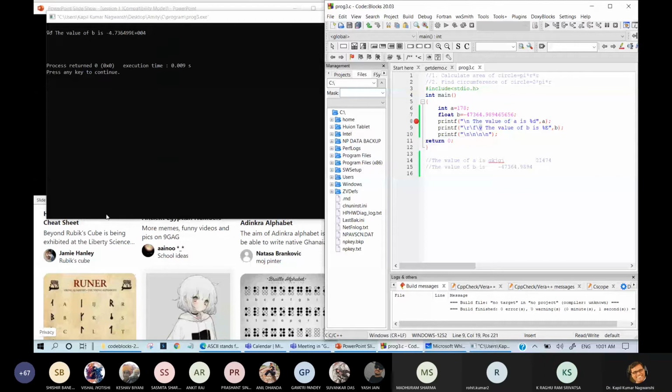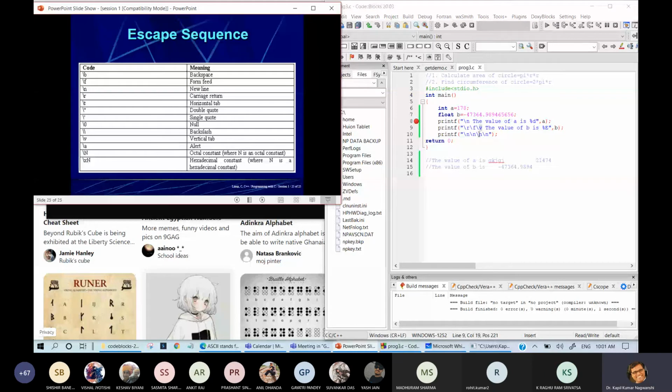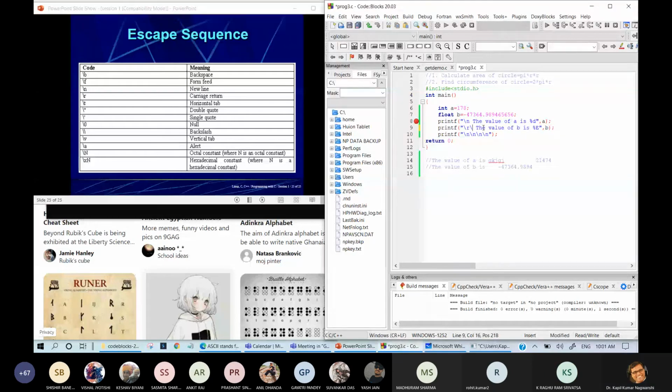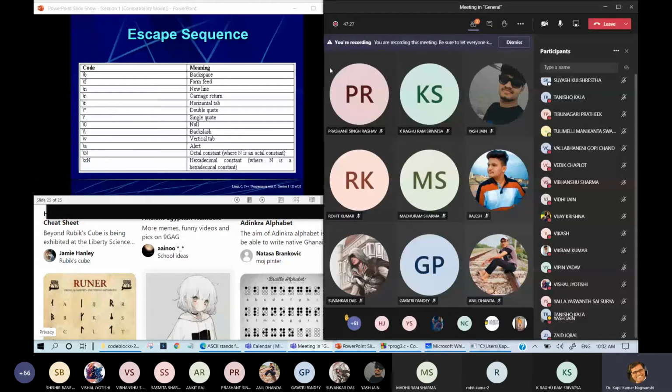Now, one more symbol is there, that is A. Now, if I am running this program, you are able to hear one alert sound.